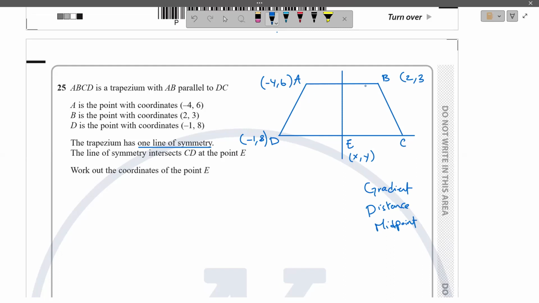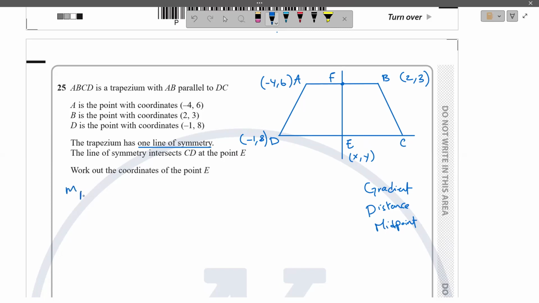We can get the gradient of AB, and as the trapezium has only one line of symmetry, we can get the gradient of, let's say, F here, which is a midpoint of AB, and the coordinates of F, and we can get the gradient of EF because it's perpendicular to AB, and we have the gradient of CD or DE because it's parallel to AB.